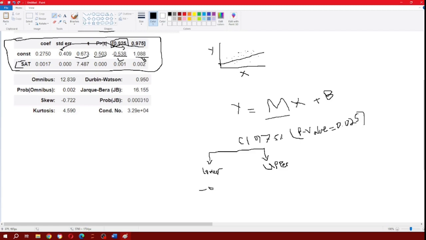And how do we get this information? Using the standard error and also using this confidence interval margin. Same thing with SAT. Our SAT is going to be our X. So this will be SAT.